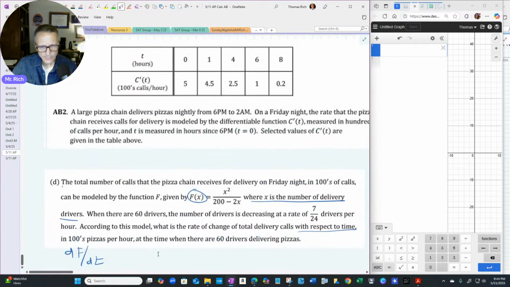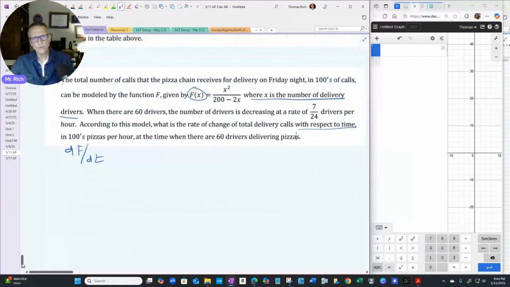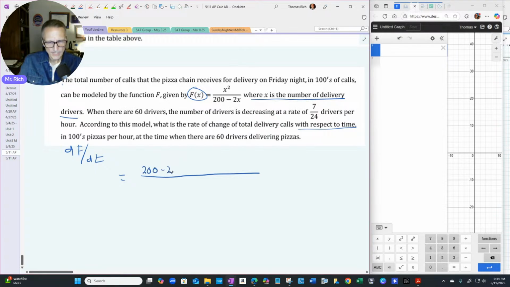All right, so what we have to do is take the derivative of f of x, but with respect to time. So we're going to have to use the quotient rule and the chain rule. So we'll do low: 200 minus 2x, times the derivative of the high, which is 2x times dx/dt.